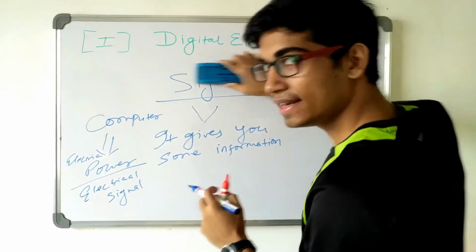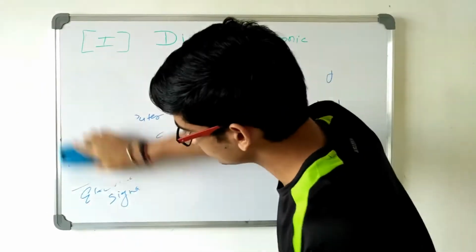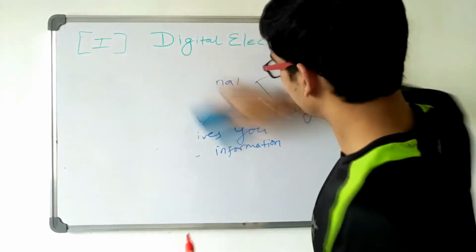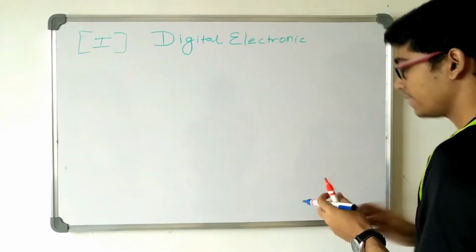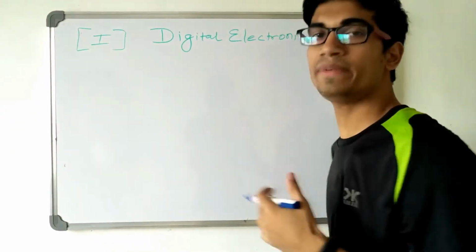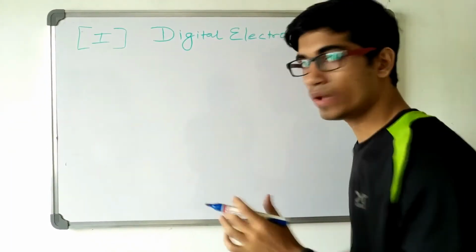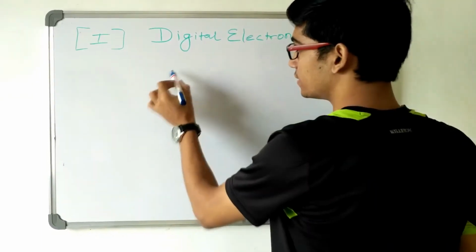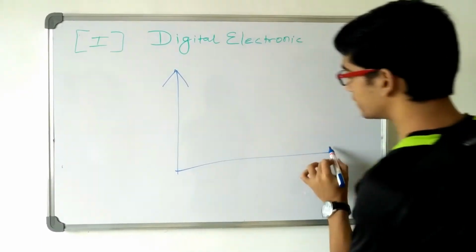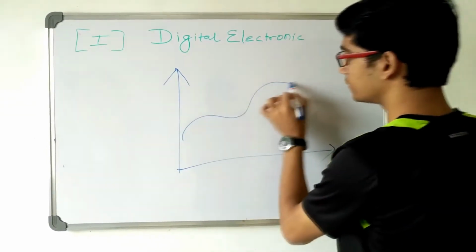What is an analog signal? See, our voice, when we speak, is continuous. Whenever a signal is continuous, it is considered to be analog. Say, for example, this is the graph of some signal.